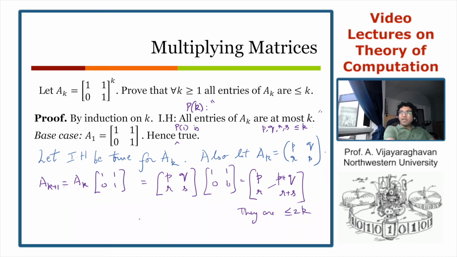We know that P, Q, R, and S are all at most k. So the two entries in the first column are both at most k, but the entries in the second column, just based on the information that P, Q, R, S are at most k, could go up to 2 times k. So it's not clear, but on the other hand, we want to show that it is at most k plus 1.